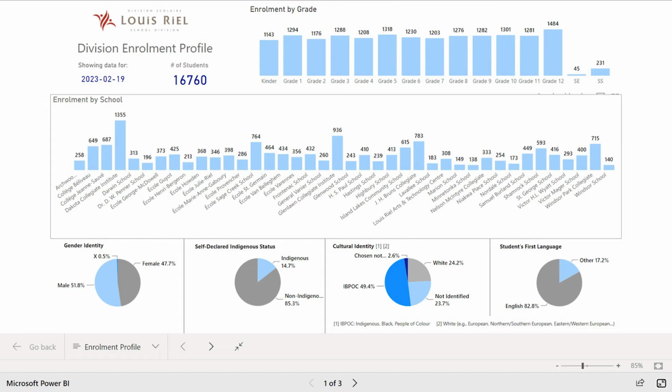Now, I want to talk about the data literacy conversation I had on Tuesday night of this week with trustees and a parent who was listening in at the board meeting. And it was about this. I was giving a quarterly update on enrollment in LRSD.